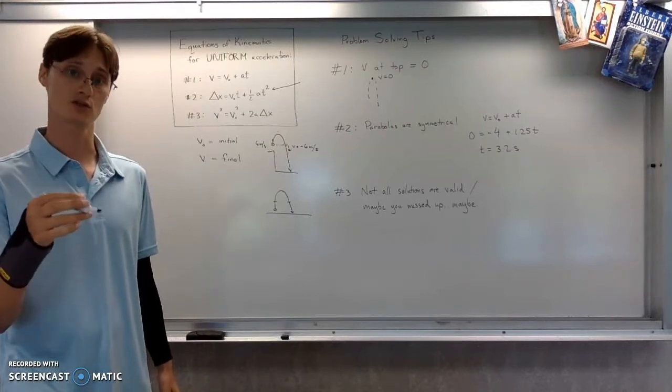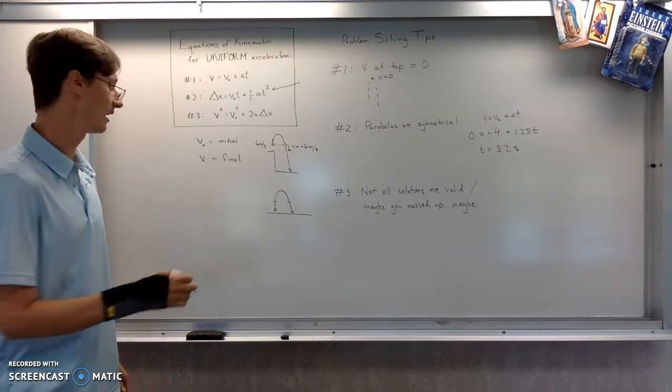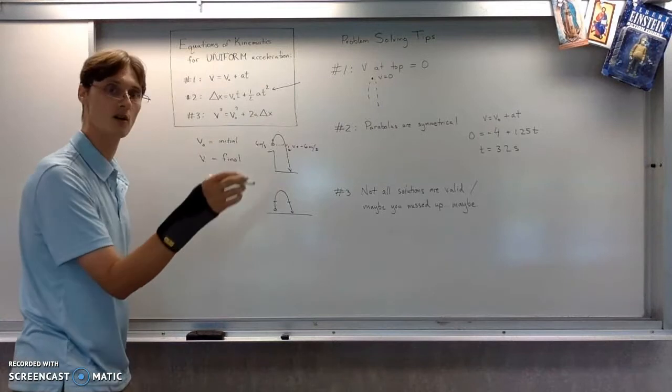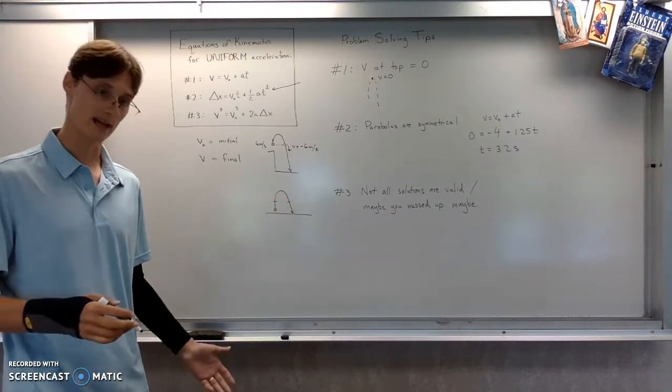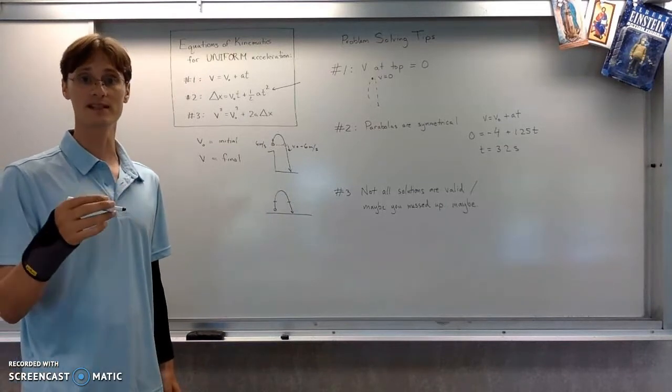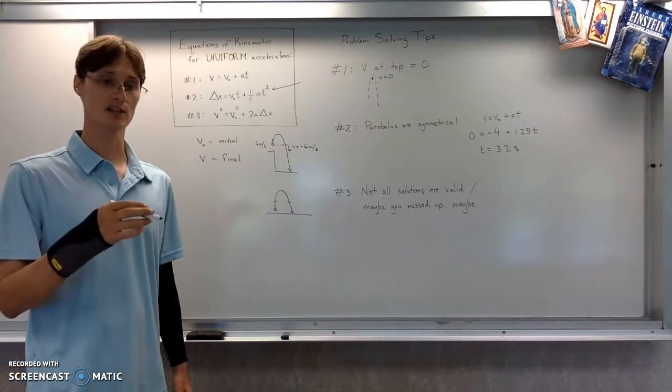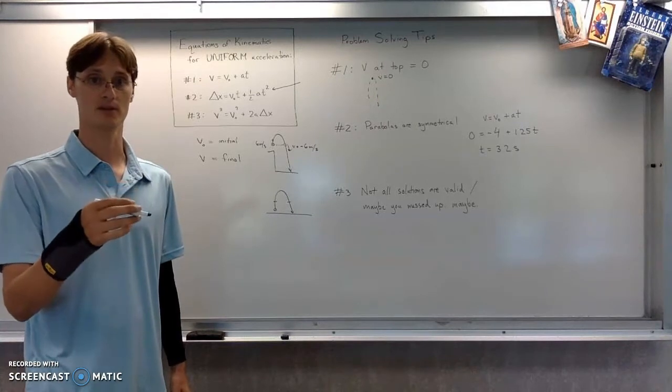Either way, you will get 2 valid solutions from this, assuming you plugged in all the numbers correctly, because there are 2 moments when it is at that position. That will be indicated in your answers by you getting 2 positive numbers.